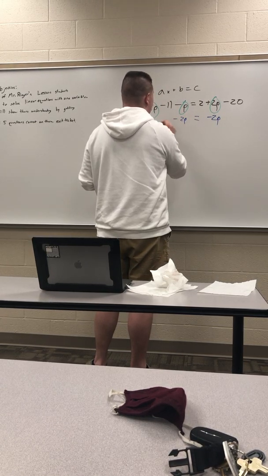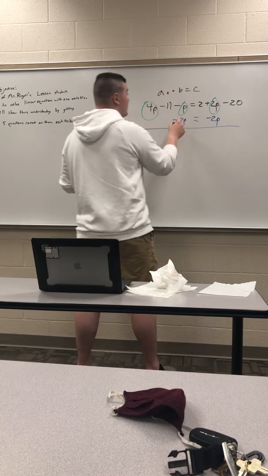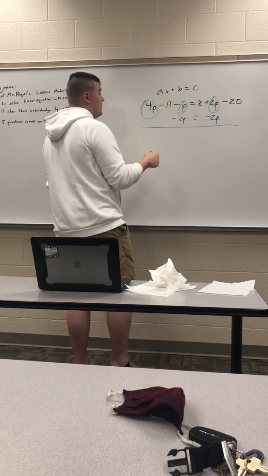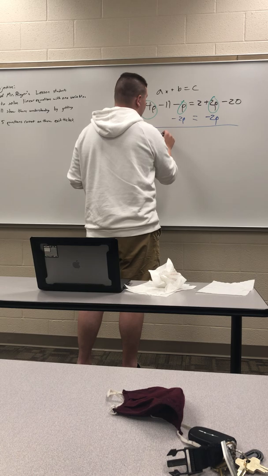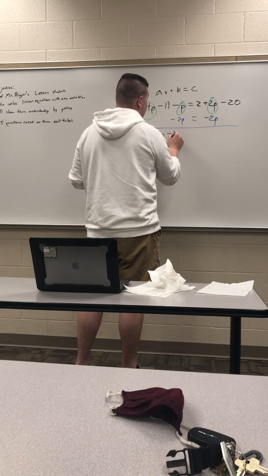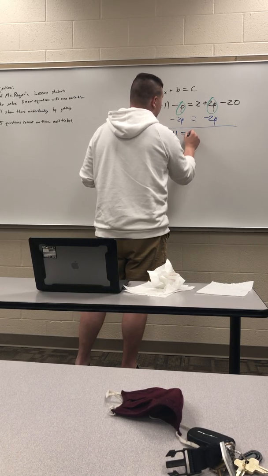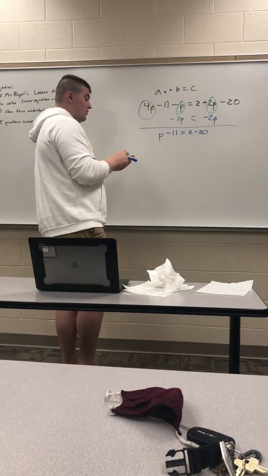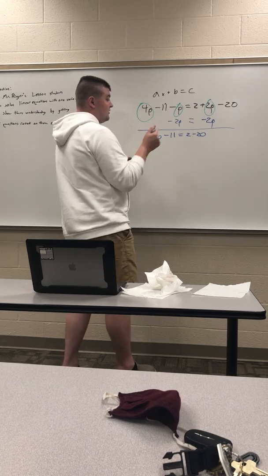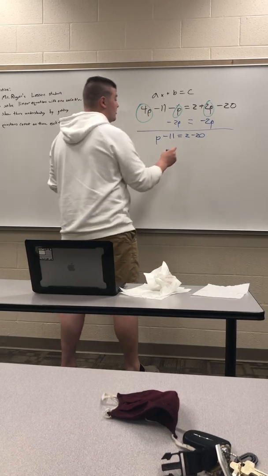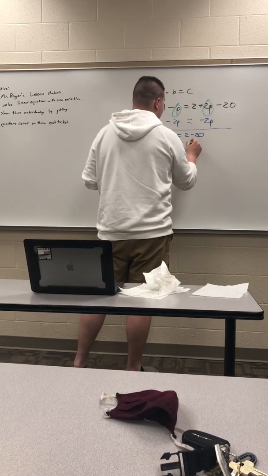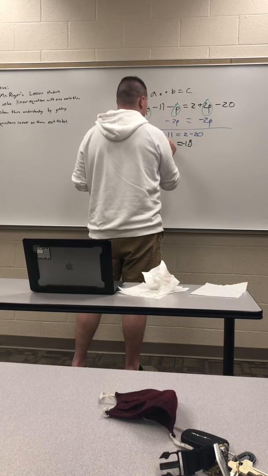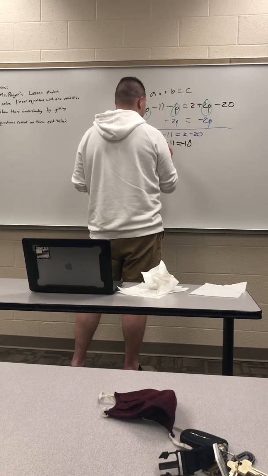So there's 4p minus p minus 2p here, so we're going to end up with just straight p here. So we'll rewrite it. P minus 11 equals 2 minus 20. Okay? Since 2 minus 20, we should really combine them because they should be together. So really it's going to be negative 18. So p minus 11 equals negative 18.